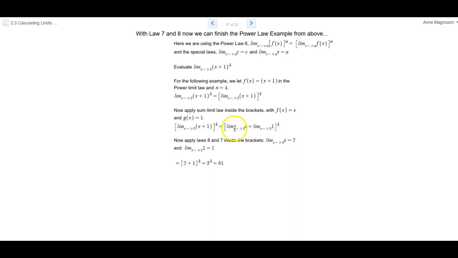Applying the identity function law tells us this limit's going to be 2. And applying the constant function law tells us this limit's going to be 1. So we're going to end up with 2 plus 1 in those brackets raised to the 4th power, or 3 to the 4th, which is 81.